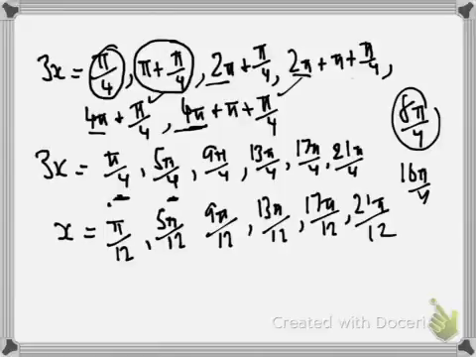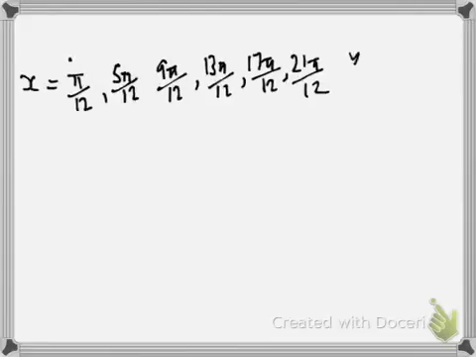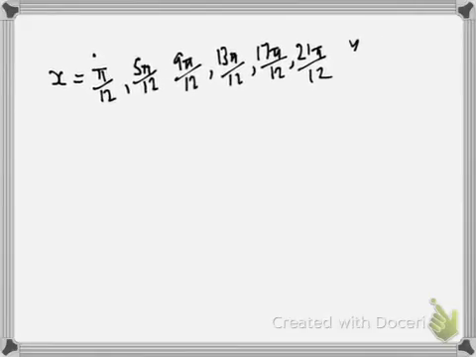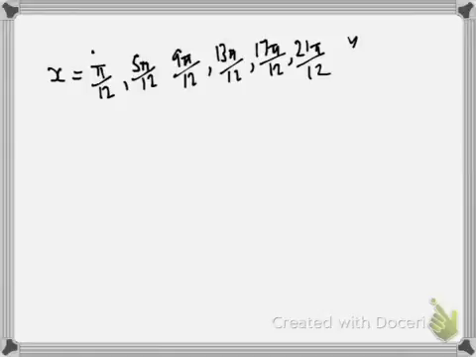Still got to cancel down some of these answers a little bit further. So there they are. First two are okay. 5 pi on 12. 9 pi on 12 cancels down.